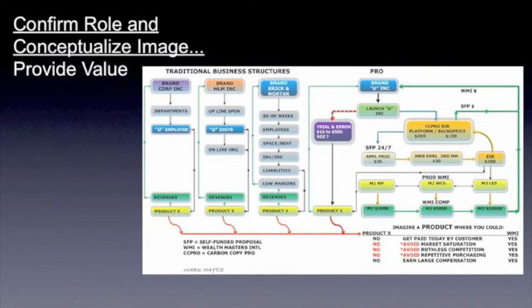And if they're not clear, you want to conceptualize this image for them, offering them some value by providing relative perspective in the sense of traditional business structure and the role they now will represent themselves as a new member. You can do this using the traditional business structures flowchart as it relates to Carbon Copy Pro and the platform that they'll use to launch the business of branding themselves.